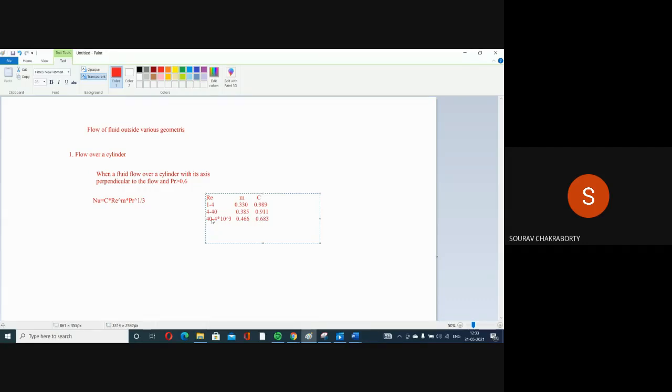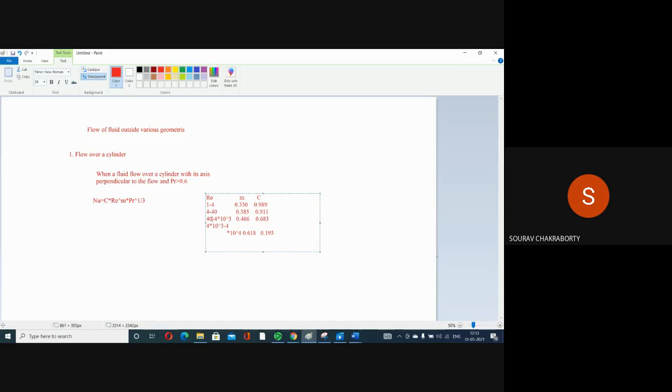C will be 0.683. And then if the value is in between 4 into 10 to the power 3 to 4 into 10 to the power 4, in that case your value of m will be 0.618 and C will be 0.193.